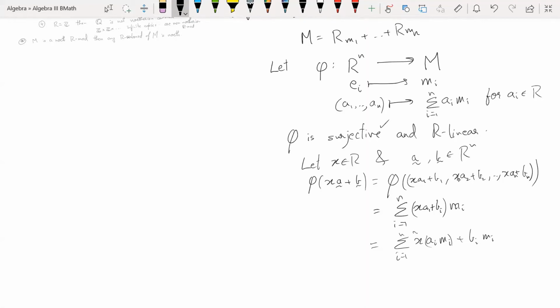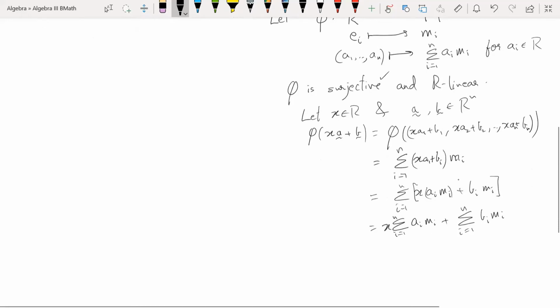This is the same as, I should have simplified this, x, I can pull it out now: x times the summation of ai mi plus the summation i equals 1 to n of bi mi.